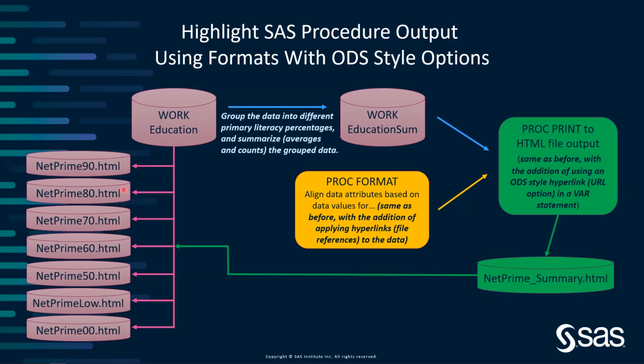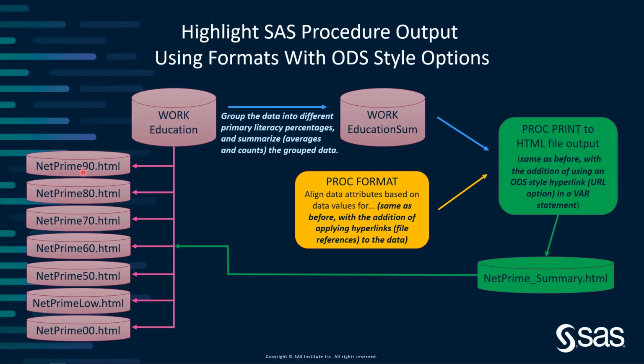And so off to the left here, you see I have all of these HTML files, and these are filtered based on the percentages of that net primary percent column that we calculated and placed into work.education. It's the average for each country.